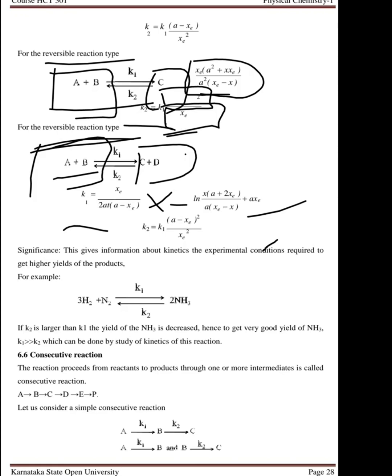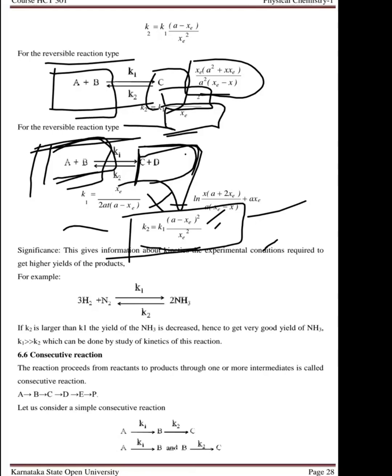It can be written K2 is equal to K1, further (a minus xc) is just taken common, divided by Xc square. It's not that important, but for different reactions you should know how to calculate. This is the equation for two reactants and two products formed.